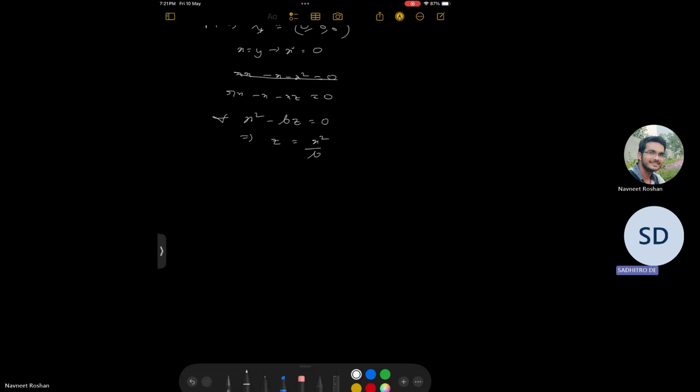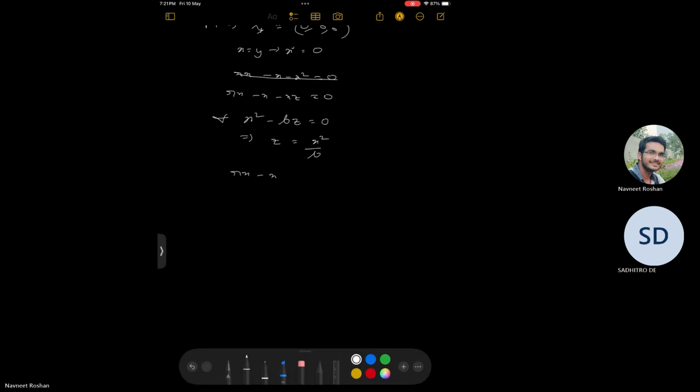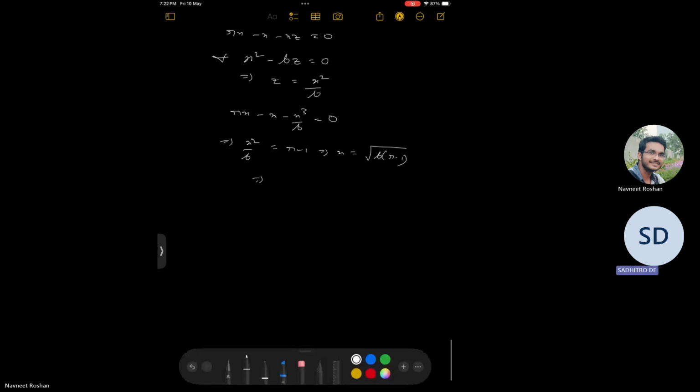Since x is not equal to 0, we have this, and this implies that x is equal to the following.